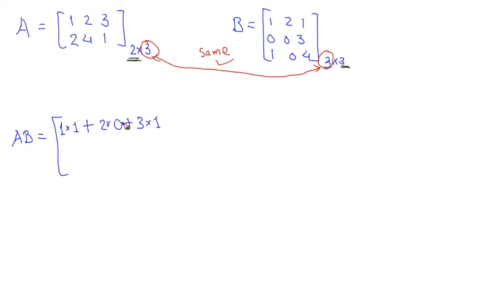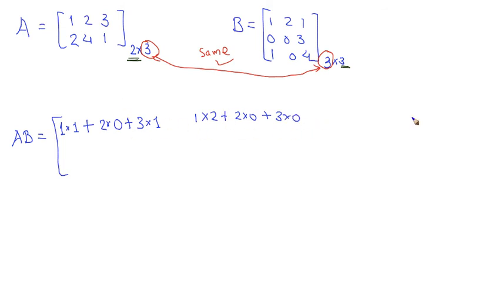Now the second entry. First row, now second column. So 1 into 2, plus 2 into 0, plus the third entry of this and third entry of this, 3 into 0. This is just one entry.